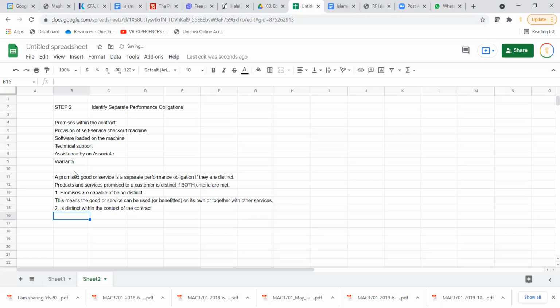Okay, so the goods or service is distinct within the context of the contract. So that is an important point. So let's understand what we mean by this. Number 2, the goods or service is distinct within the context of the contract. So what does that mean? That is the important aspect. What does it mean?